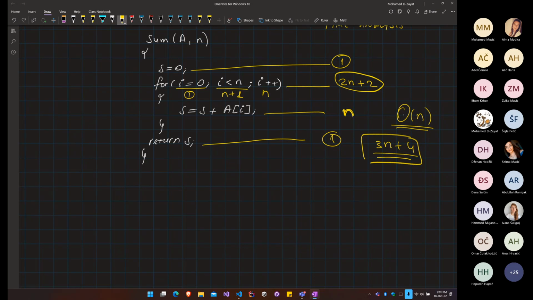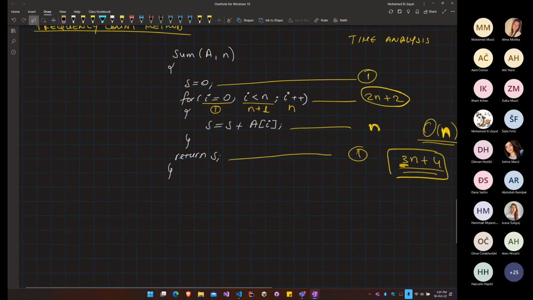And the polynomial order, you pick it because of the term with the highest exponent. All these terms have an exponent of 0 except for this one, which has the highest exponent. And you see, I ignored even the 3, because we don't care that much about it. We care about the highest exponent, so we simply took n as is.